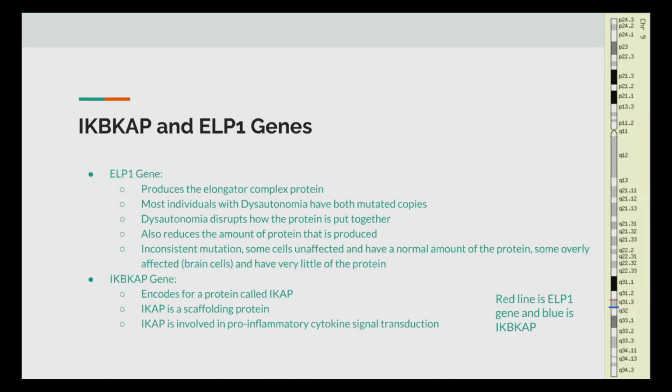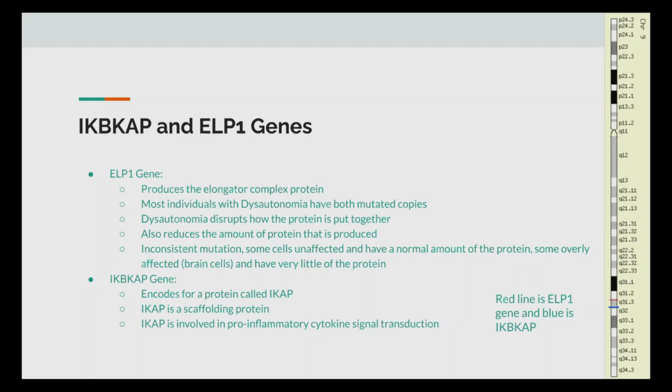Dysautonomia disrupts how the protein is put together because there are different nucleotides, and that codes for different amino acids, which influences the protein. That is important because with proteins, shape determines function. If it's not in the correct shape, it can be targeted to be destroyed, or it cannot do what it's supposed to be doing. It also reduces the amount of protein that is produced.